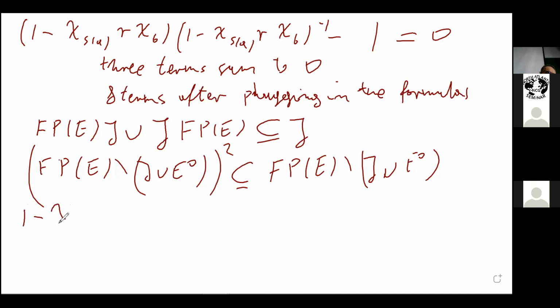One minus chi SA r chi b. This is 1 minus sum over p in F6. And this is the J part, alpha p chi p.